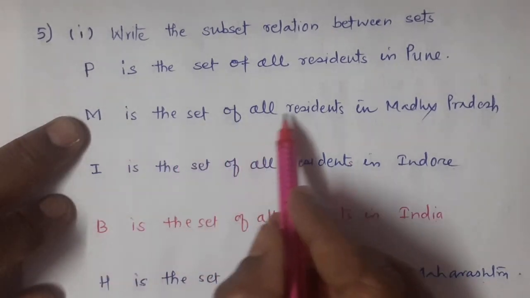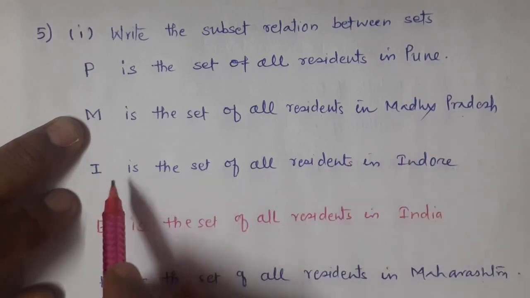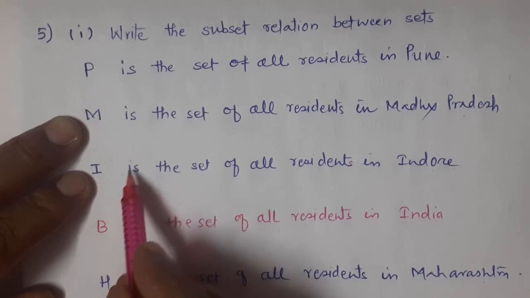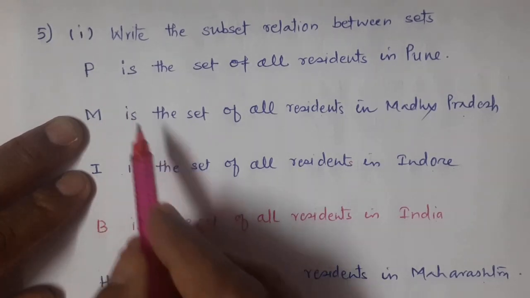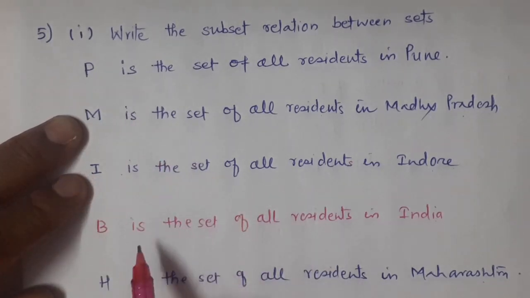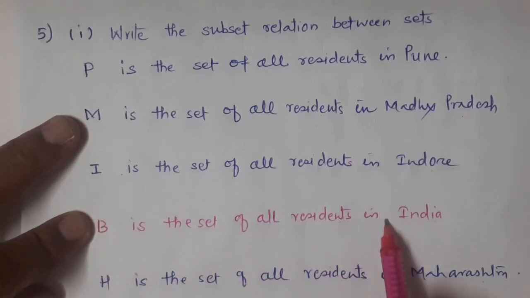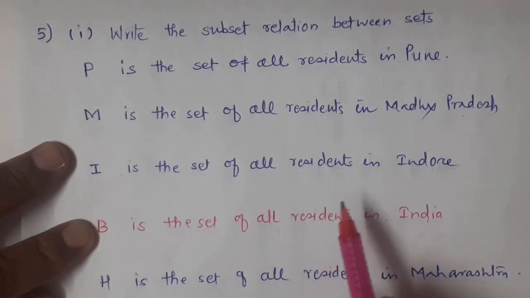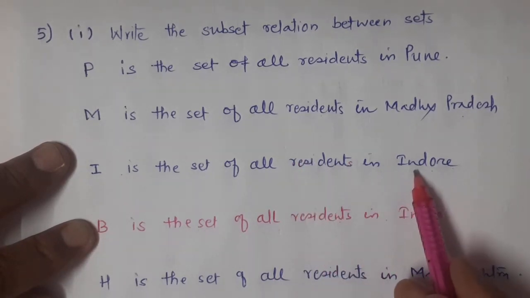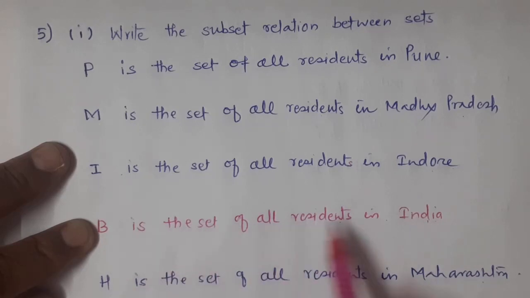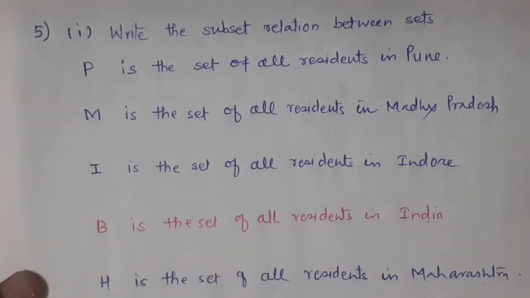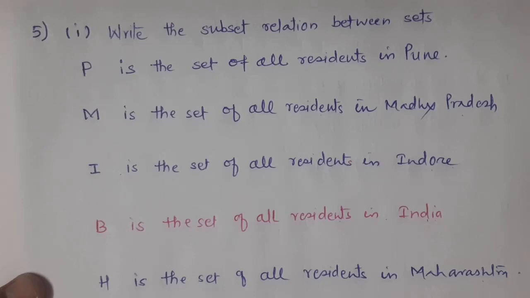M is the set of all residents in Madhya Pradesh, I is the set of all residents in Indore. Is Indore in Madhya Pradesh? Yes. And B is the set of all residents in India, that means whatever residents are in Pune and Indore are also the residents of India. From that you have to find which set can be the universal set for all the above sets.